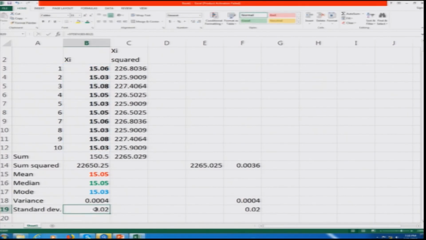This value is the same. So, I picked the formula of standard deviation and found the value as 0.02. I put the formula for the variance, it is 0.0004, and I calculated using the relationship, it is the same.